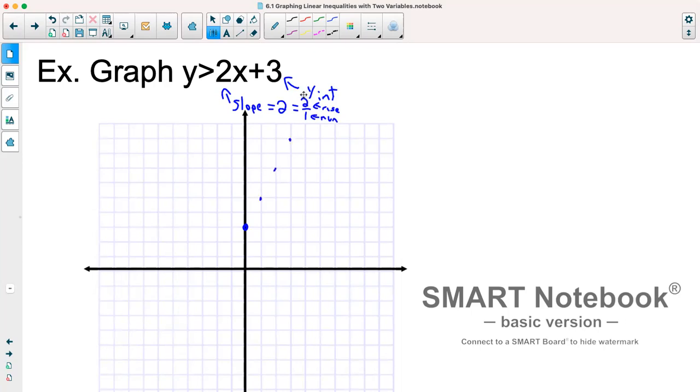Alternatively, to get positive 2 here, we could have negative 2 over negative 1, which would mean we go down 2, left 1, down 2, left 1. Now, because we did not have our equal sign here, it is going to be a dashed line.